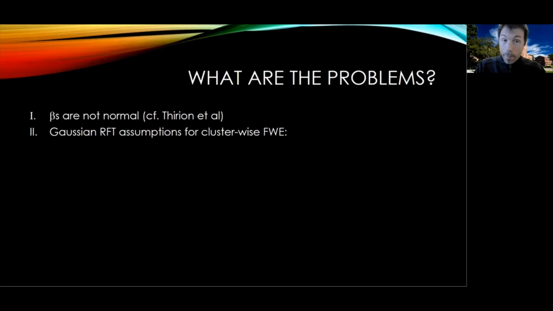Two in particular apply to cluster-wise RFT thresholding. First, they assume stationary spatial smoothness. What I mean is that over space, the smoothness of the data is expected to be stationary, to be the same, and not to be different in different parts of the brain.